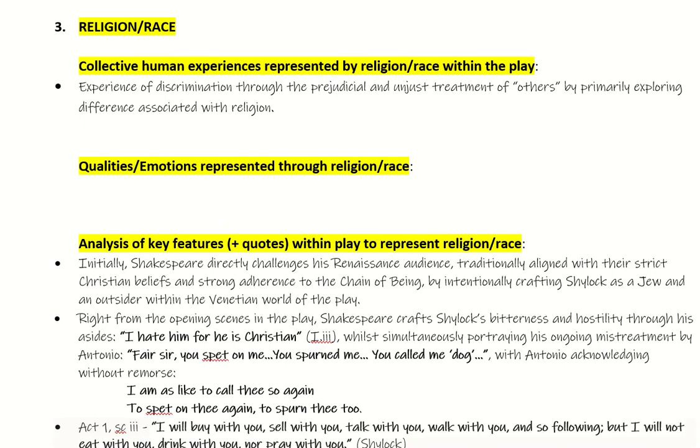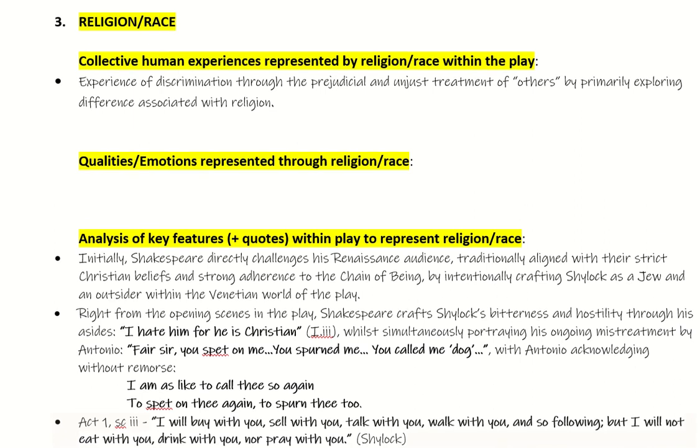I've given you then some notes to think about under the representation of the collective religion or the collective racial constructs. And I've kind of connected those two together because in the play I think they work alongside each other, but obviously they are different constructs.